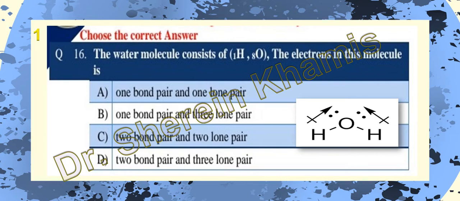In the drawing, we have 2 unpaired electrons, and 2 pairs making a pair of electrons. Only one is here and the other is here.